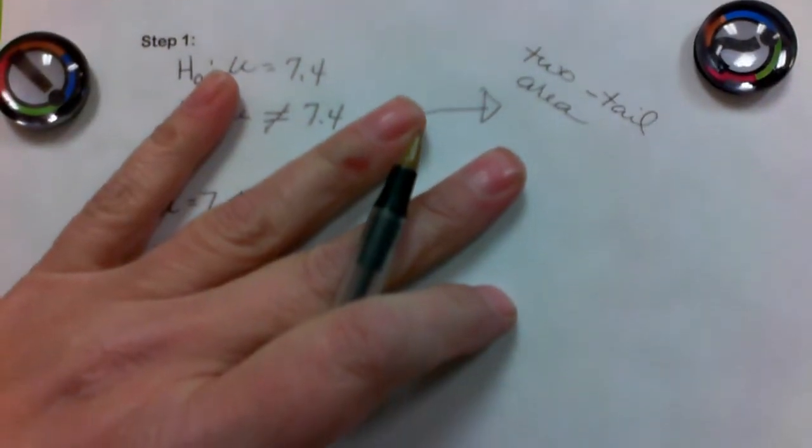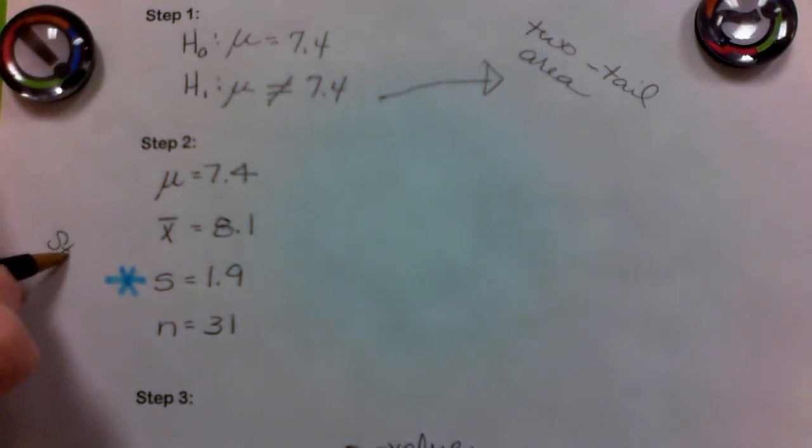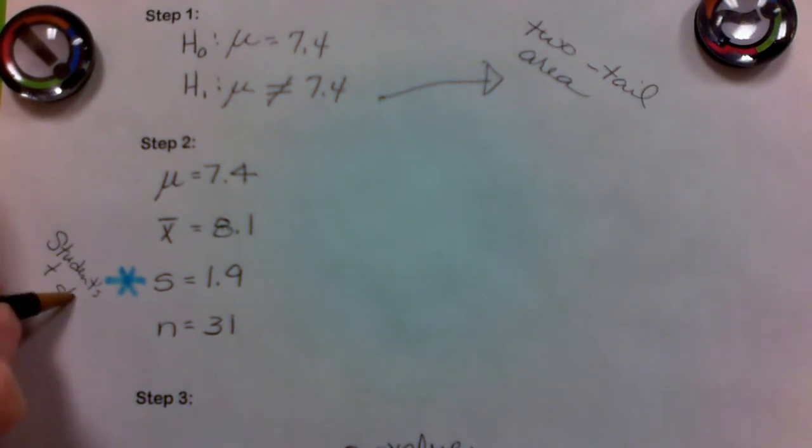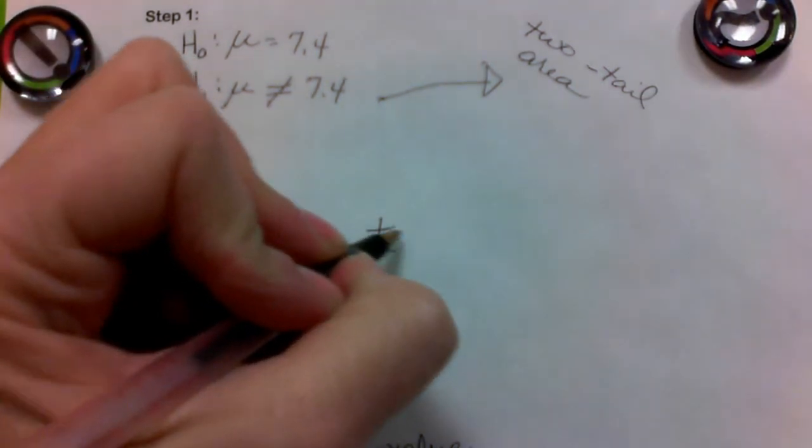So here, because we have S, we know we use the student's t-distribution, which means I'm going to calculate a t-value.